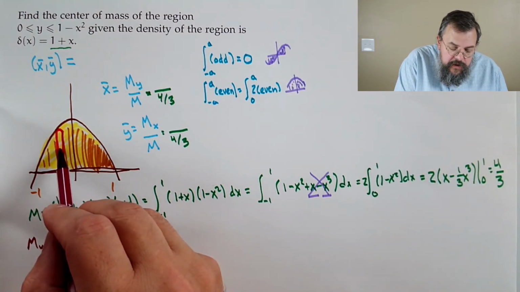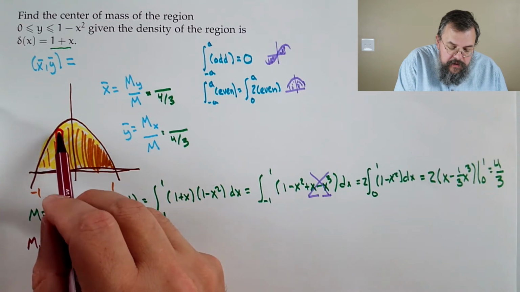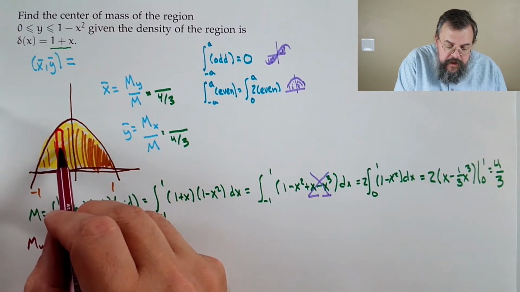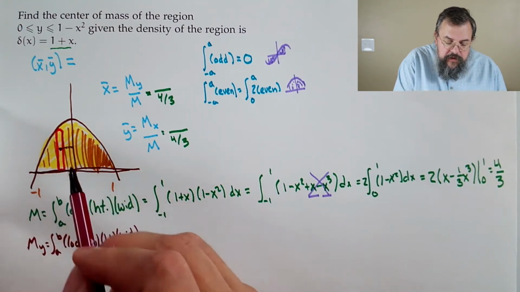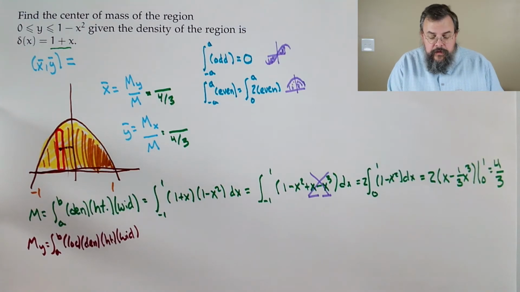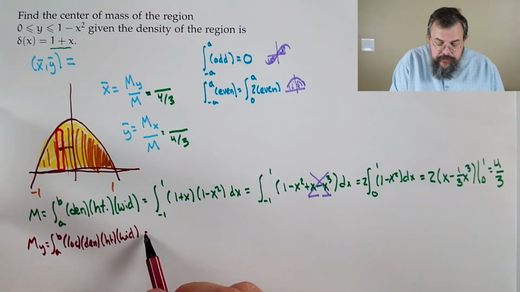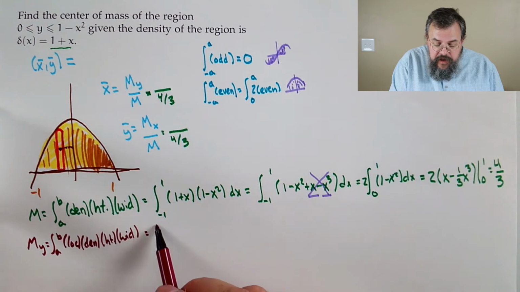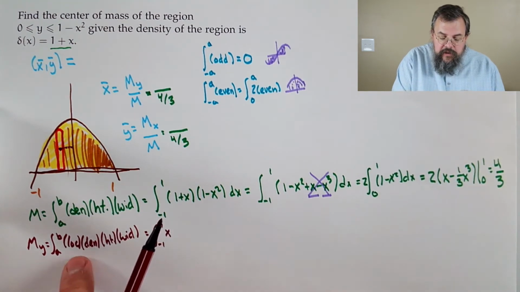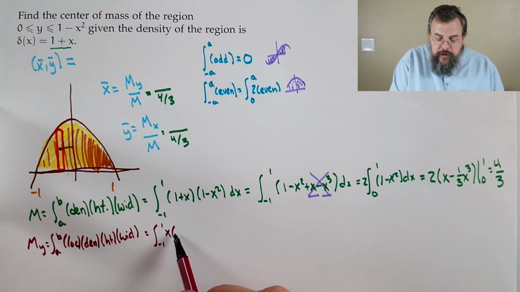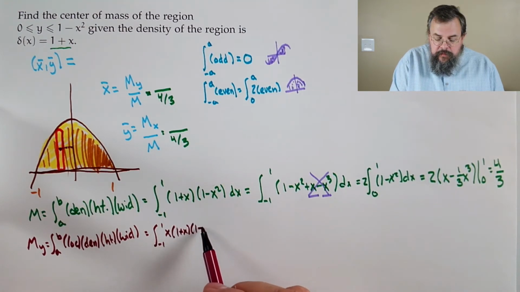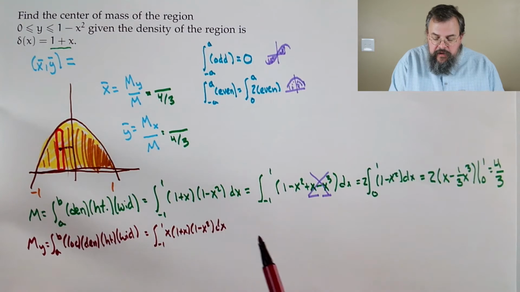Here's my center for my little strip. The distance to the y-axis is x. So the only thing that happens here is that you have an extra x, for the location. And 1 plus x, 1 minus x squared dx.